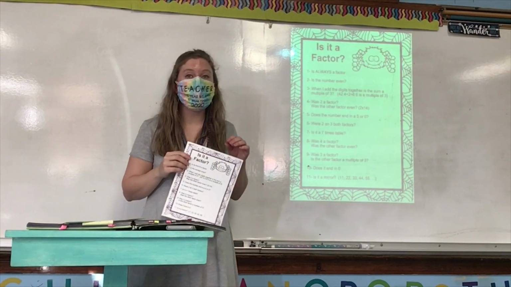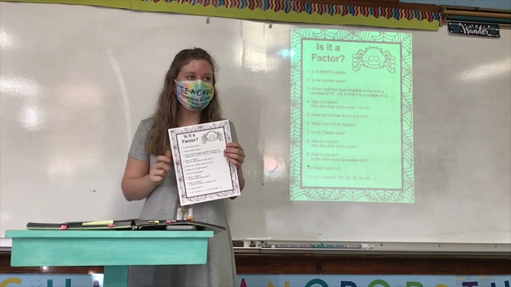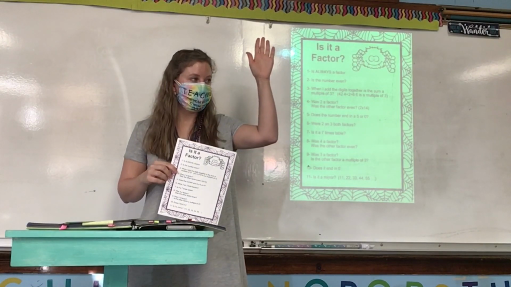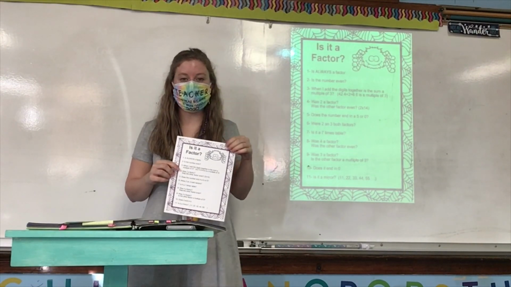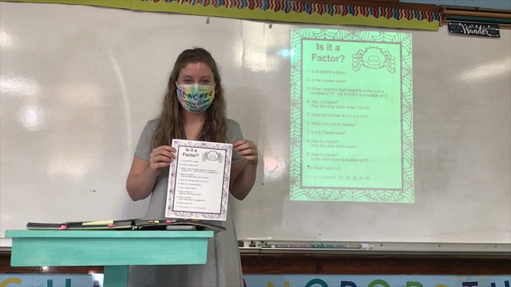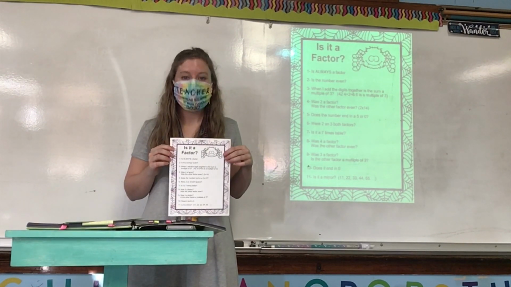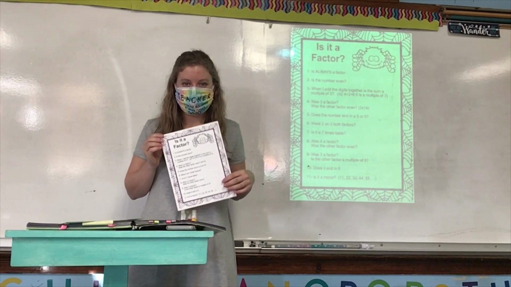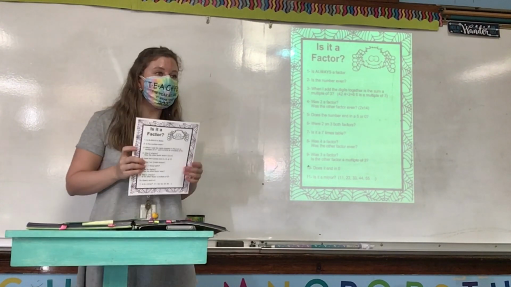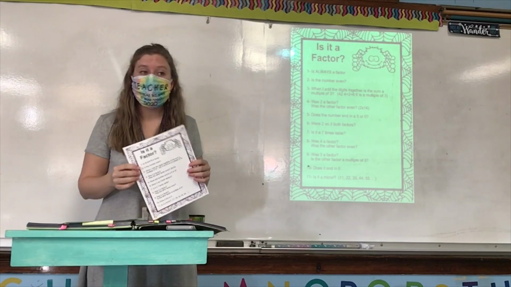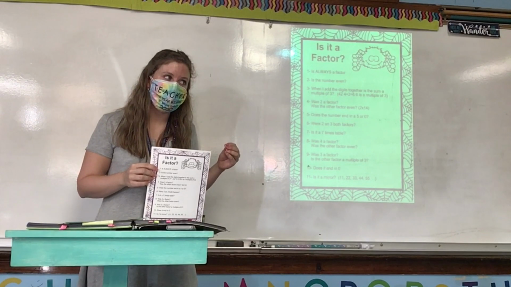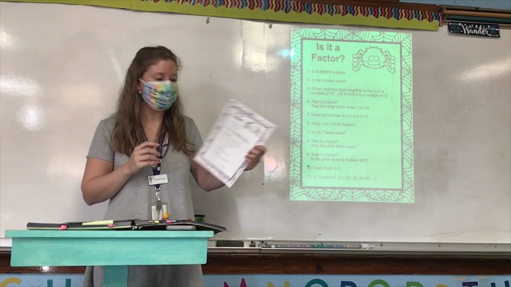If I have 127, can I multiply 1 by anything to get 127? Yes. What can I multiply 1 by to get 127? 127. Because of the identity property of multiplication, any number times 1 is itself. 1 is always a factor.